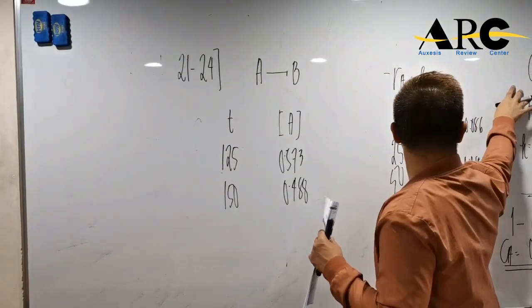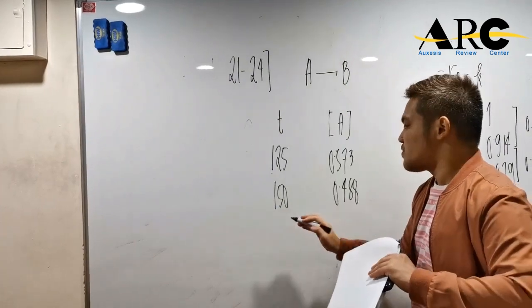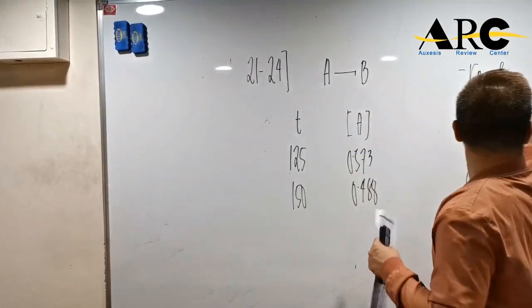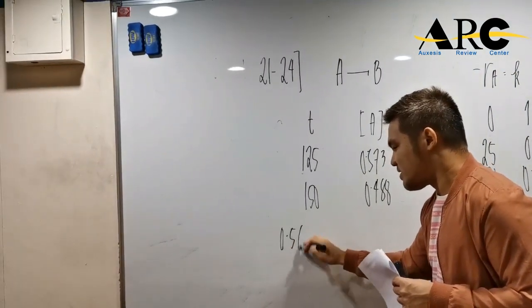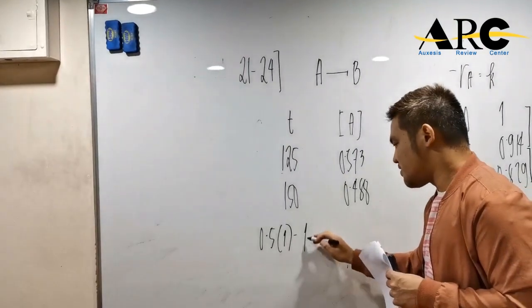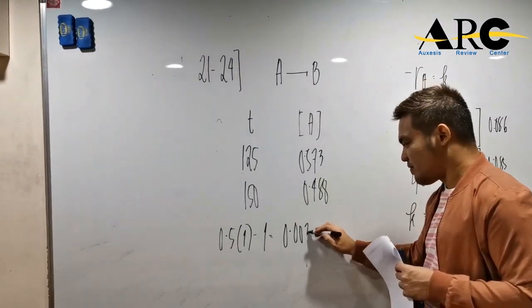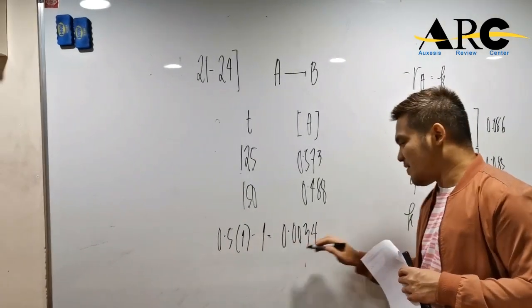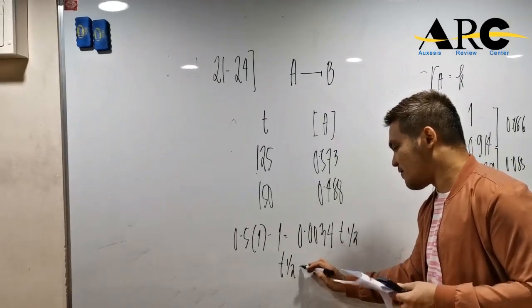O, try na natin kung talagang 147 seconds yung answer. Kapag half-life, di ba, meron tayo ditong formula, CaO minus Ca equals kt, with Ca is 0.5 ng CaO. Ang K natin is 0.0034. Since si Ca is 0.5 ni CaO, ang time natin ay half-life.